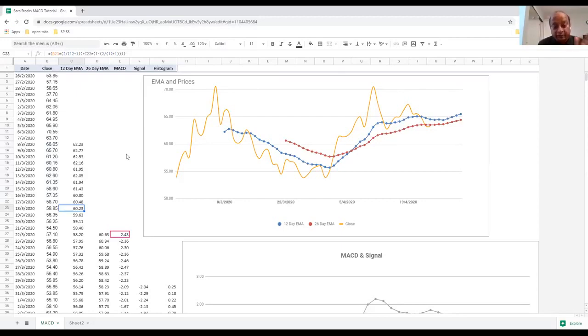The value of 10 has the same weightage as the value of 14 when I find the normal average. Whereas in the exponential moving average, the value of 14 will have more weightage, and hence it will be more towards the 14 than towards the 10. So in the same example, the exponential moving average will be maybe 13 point something as opposed to 12 in the normal average.